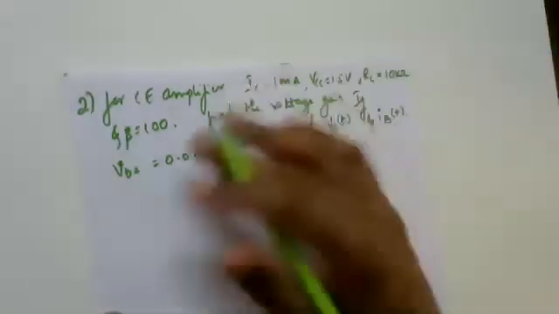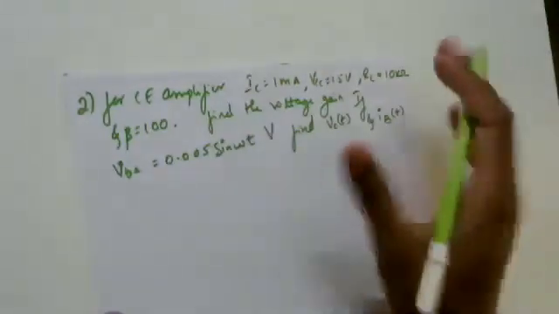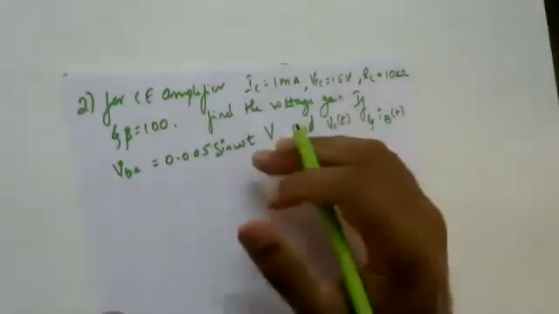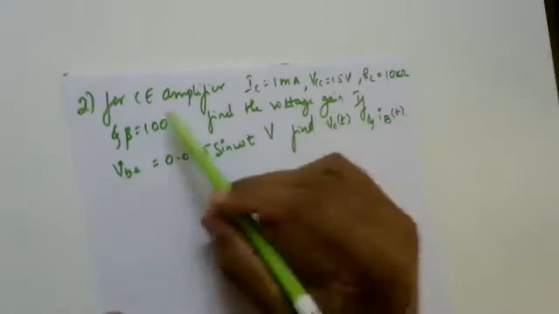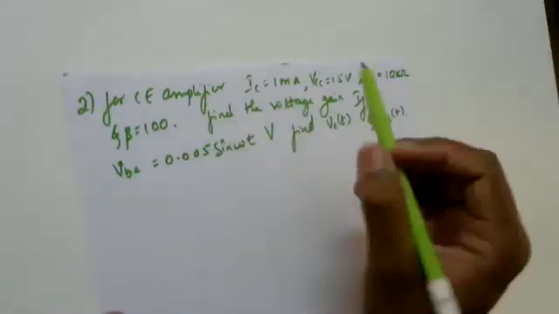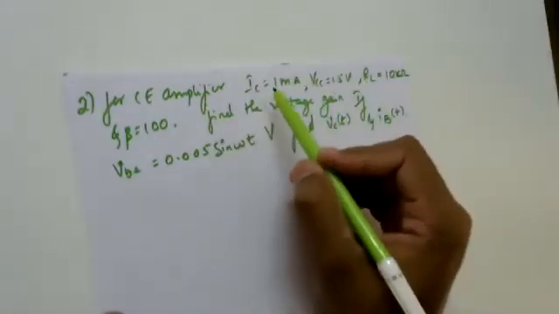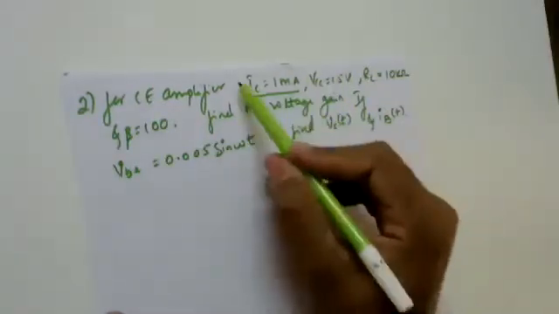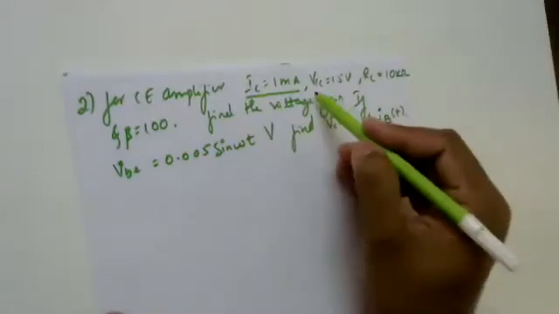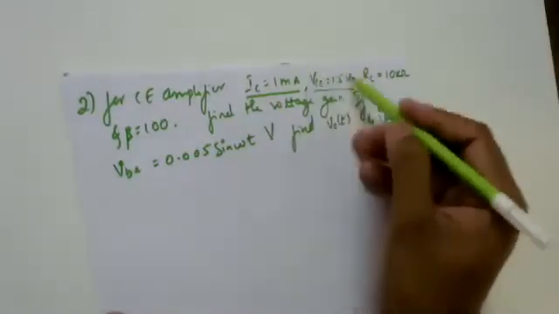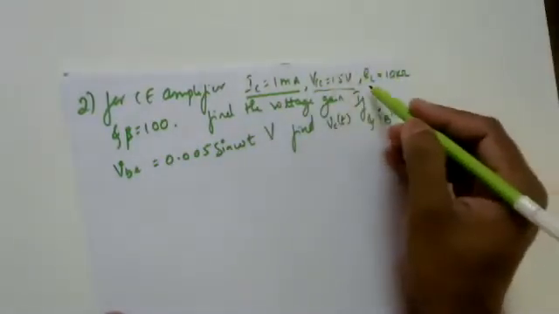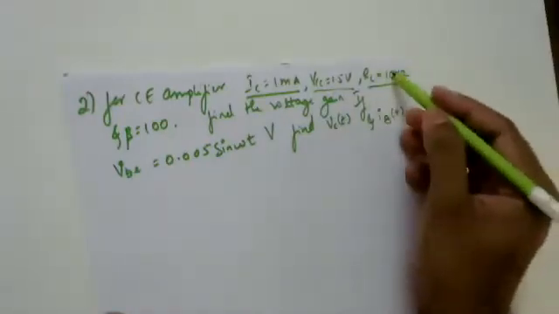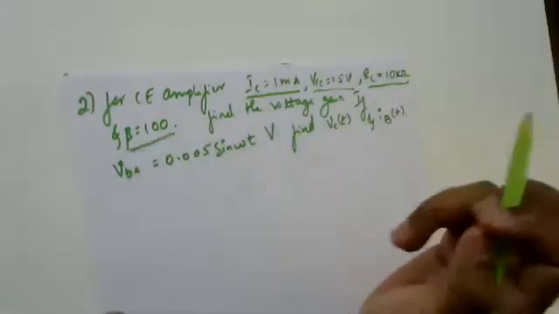Okay. So first, I'll make you understand the question. What is he asking us? He is asking us for a common emitter amplifier. He has given the value of collector current. This is the DC value. VCC is a DC reverse biasing voltage. This is a resistance, RC, and he has given us a beta value.